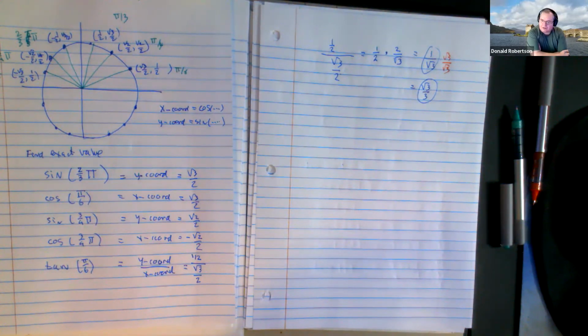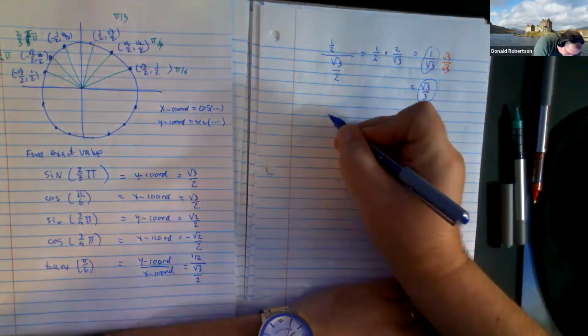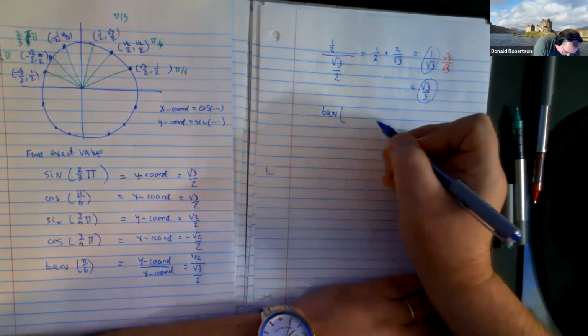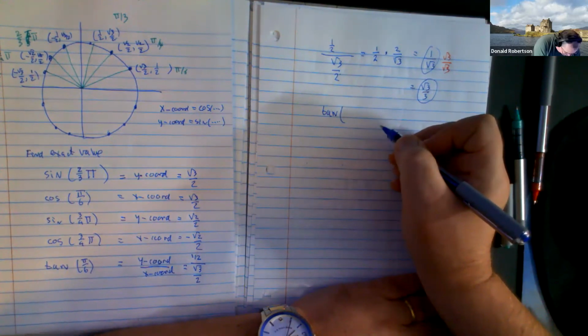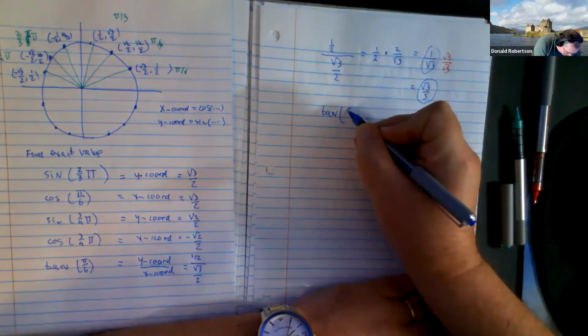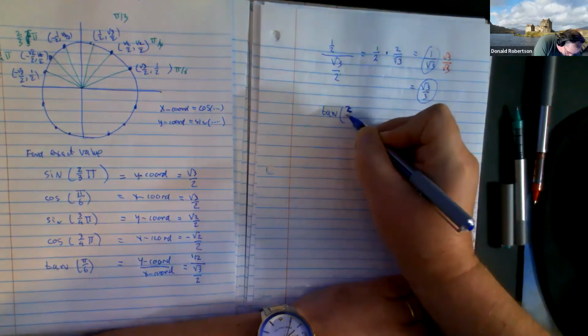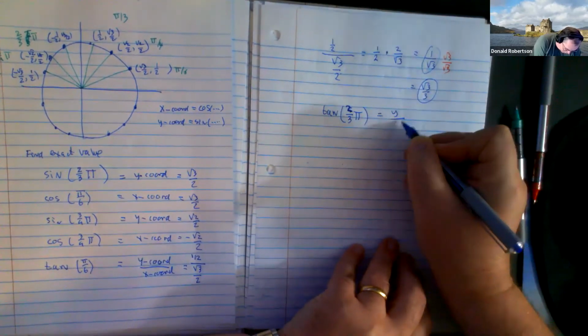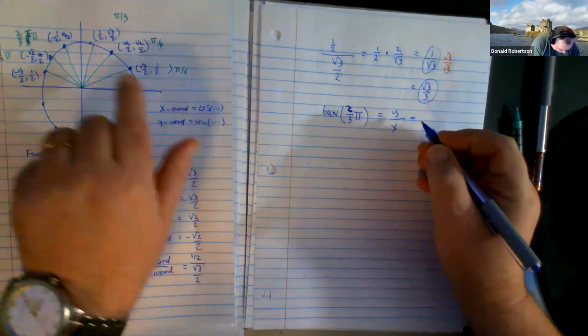So far, so good. How about finding the tangent then of, let's do the tangent of 2/3 pi. Won't that be the y coordinate divided by the x?